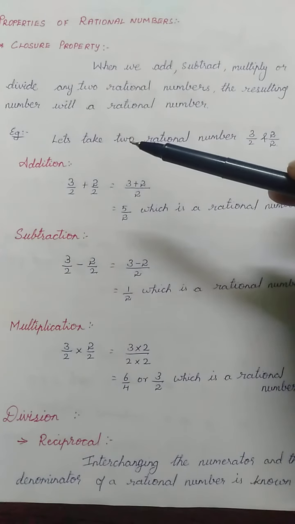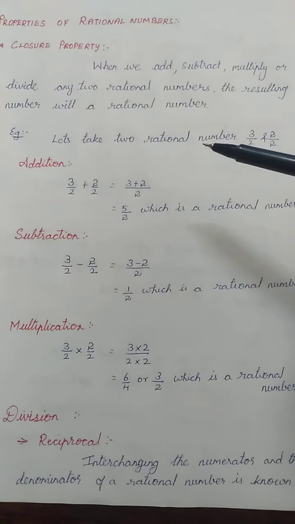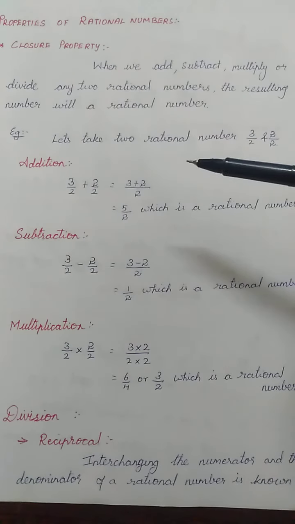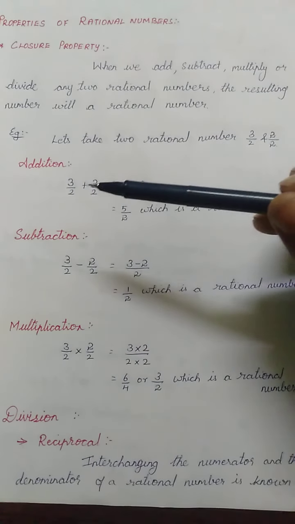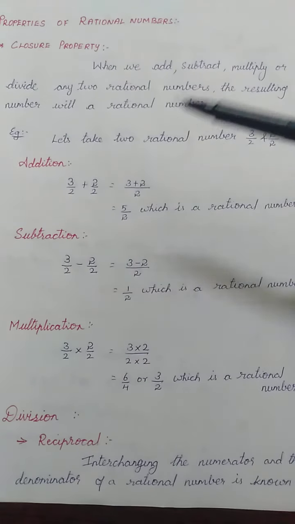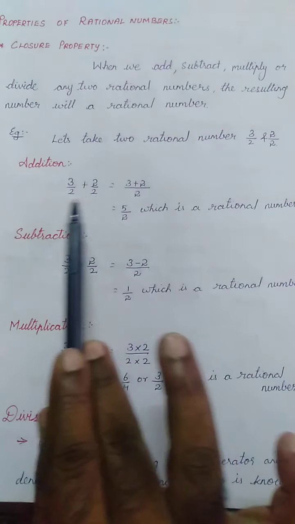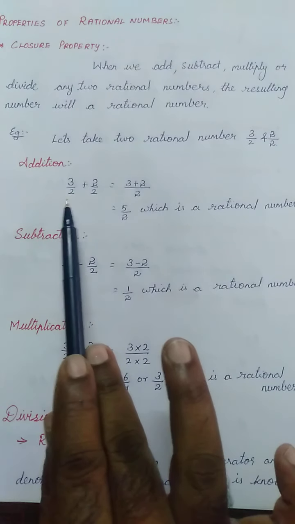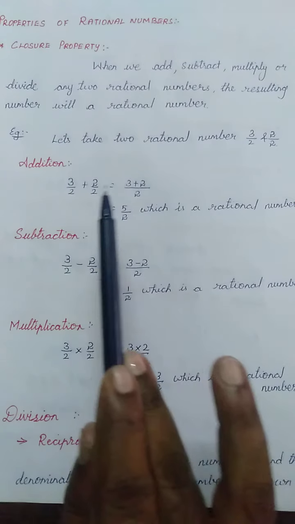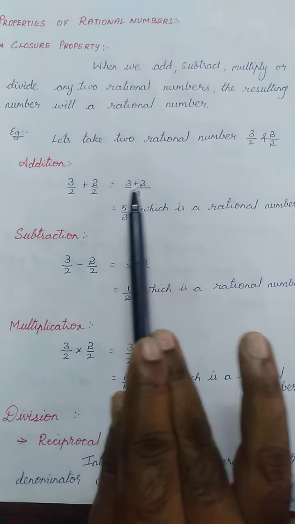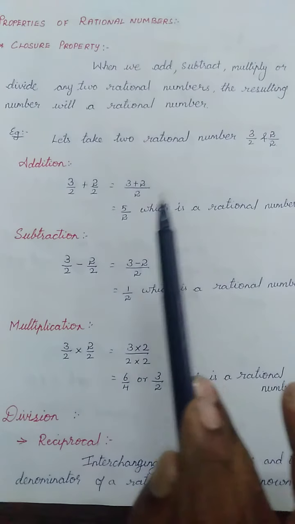For example, let us take two rational numbers, 3 by 2 and 2 by 2. When we add 3 by 2 plus 2 by 2, we already know that they are like fractions, or like rational numbers, since the denominators are the same. So take the common denominator and add their numerators.